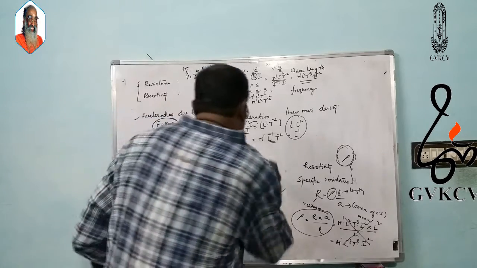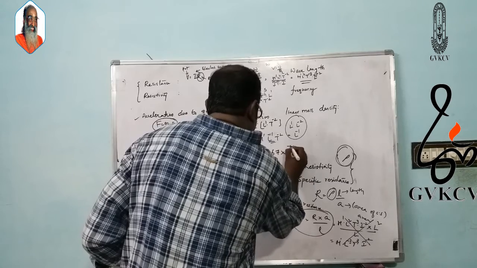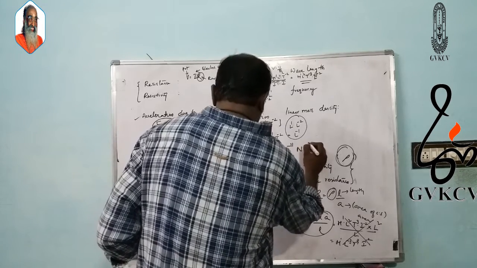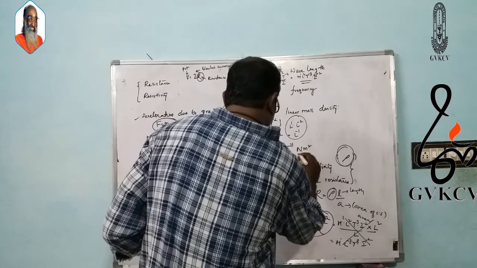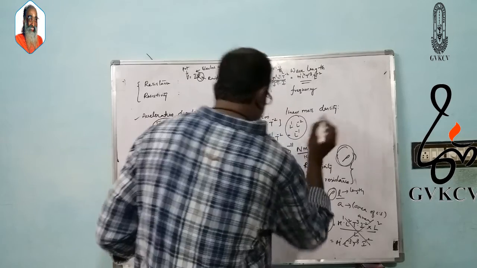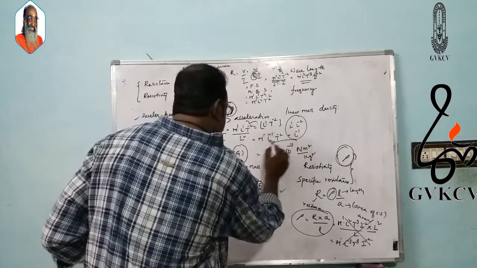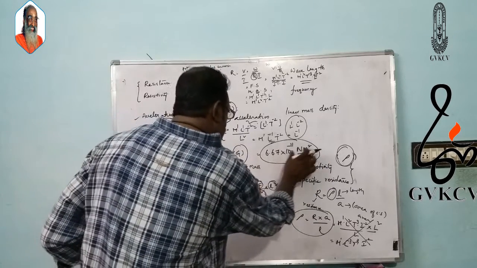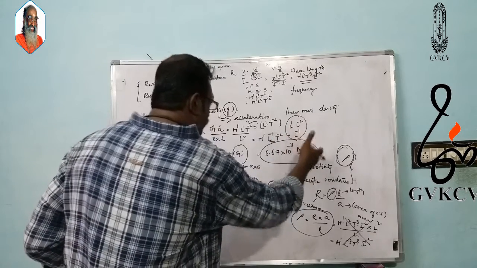If we just look into this, the value is 6.67 into 10 to the power of minus 11 Newton meter square per kg square. This is the value of G. You have learned it. If you remember this value, automatically you can spell out this unit also.